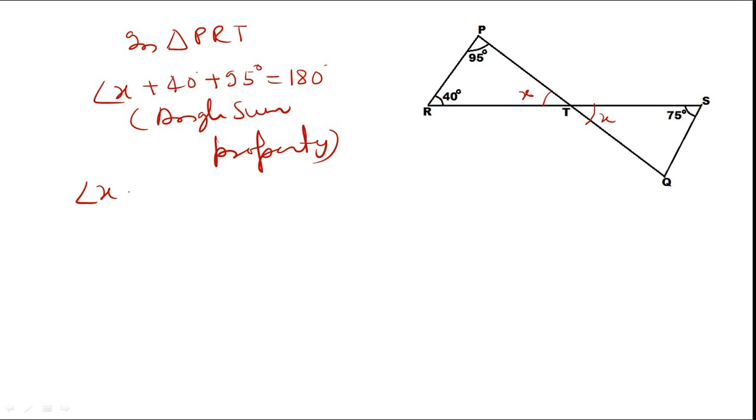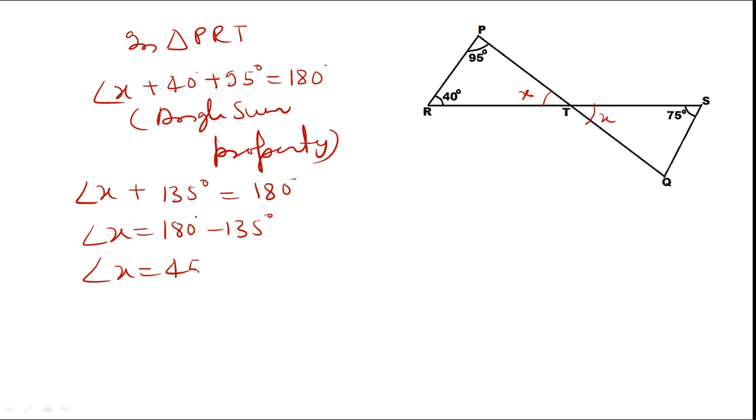So if we add 40 plus 95, it is 135 degrees. So the value of X is 180 degrees minus 135 degrees, which is 45 degrees. So we have calculated X, and this X is equal to the vertically opposite angle.